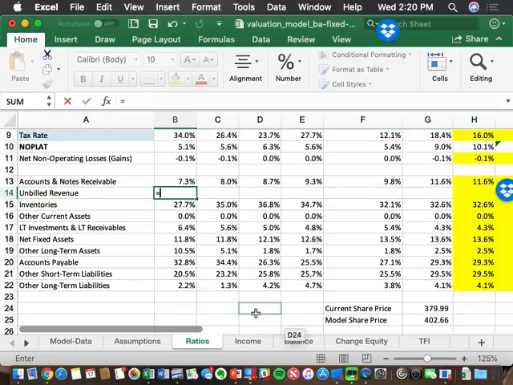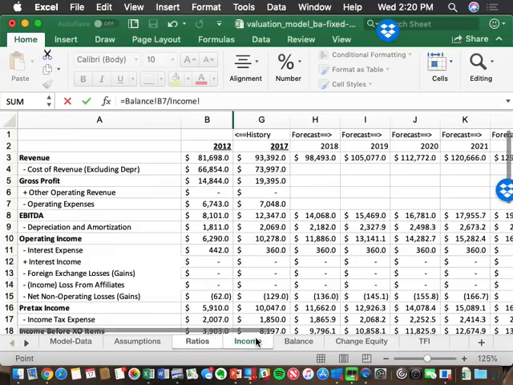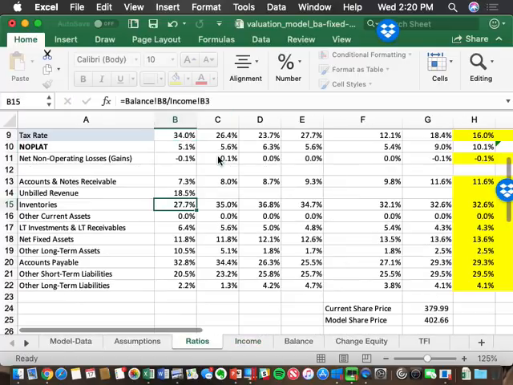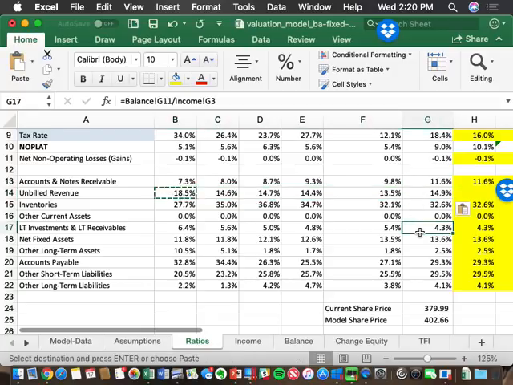So if I go back to my balance sheet, unbilled revenue, which is B7, divided by my income tab, which is B12, 18.5% of sales to 14.9, it's kind of bouncing around.